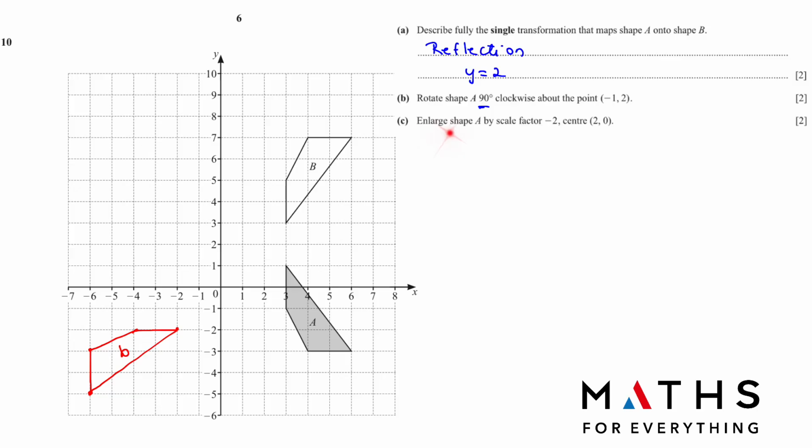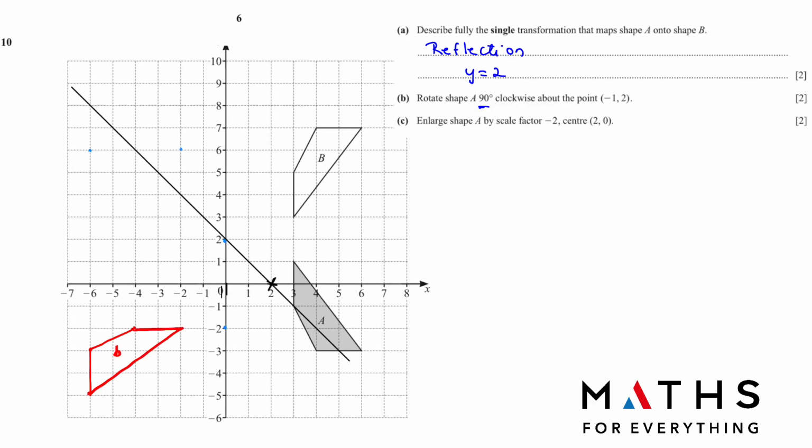Moving forward, enlarge the shape A by scale factor -2, center 2 and 0. 2 and 0 is this point here. The first thing you will do is draw lines from 2 or 3 points and see where they meet. They should pass through the point 2 and 0.